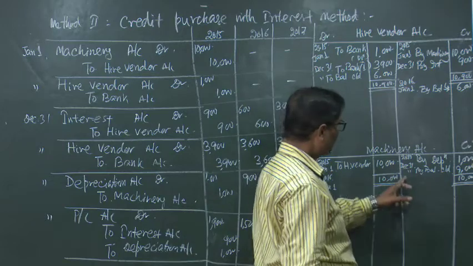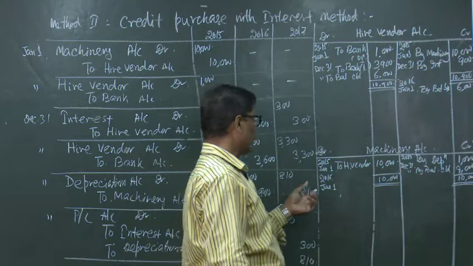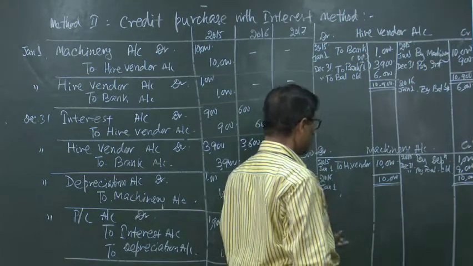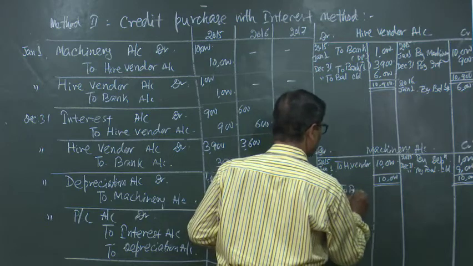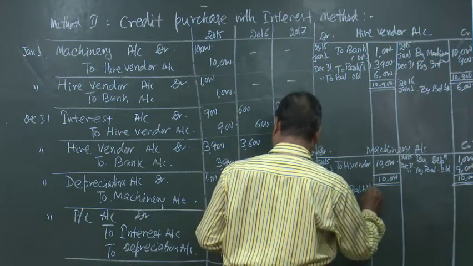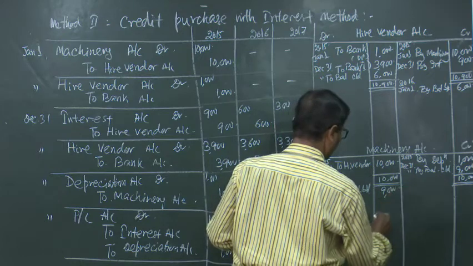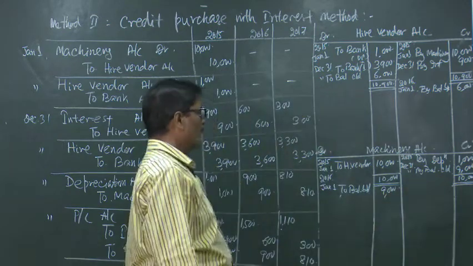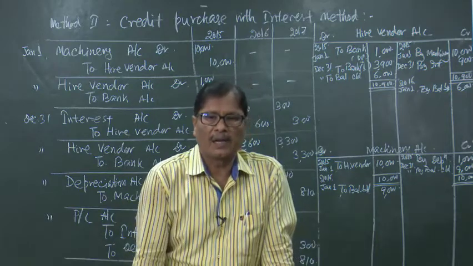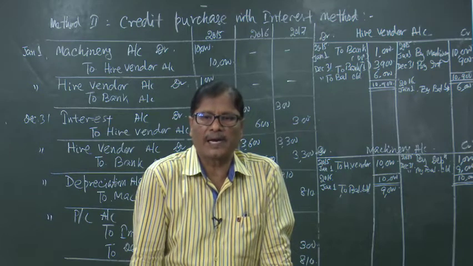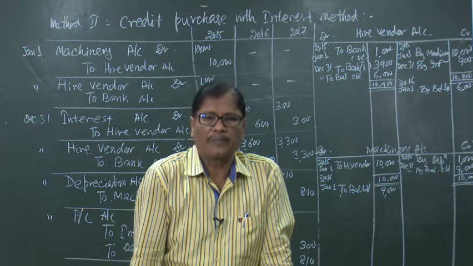If it is December 31st, 2015, then the carry forward will be the opening balance on the first date of 2016, that is the next year, January 1st. To balance brought down 9,000. So, in this way we have completed the balancing of the two important accounts, hire vendor account and machinery account for the first year.